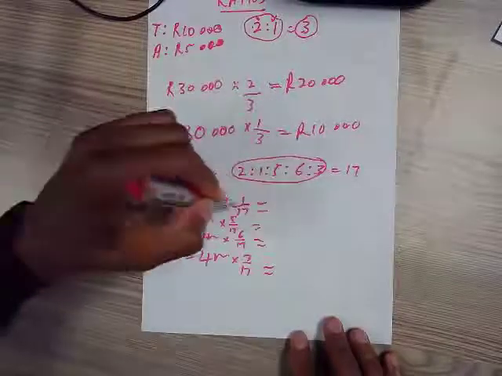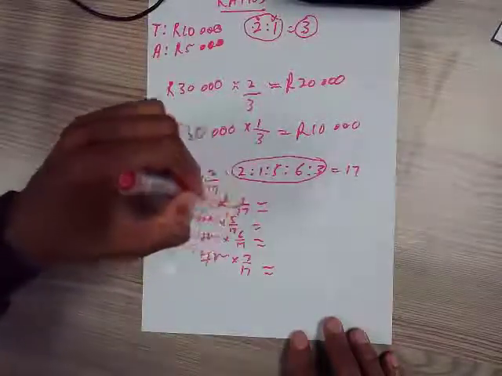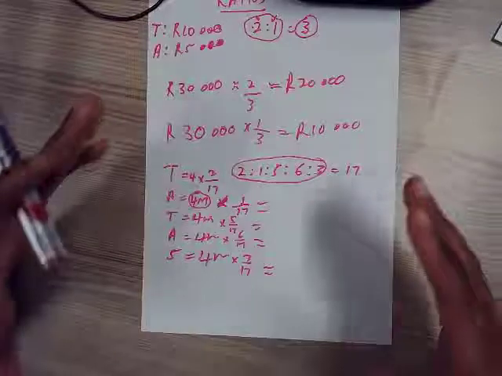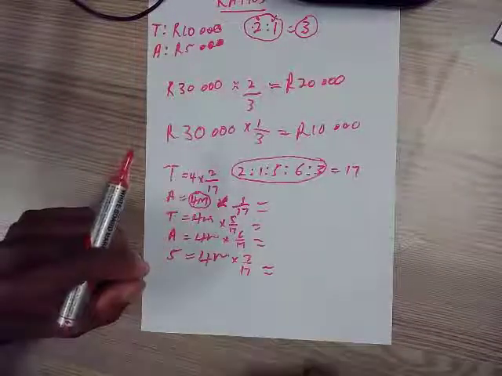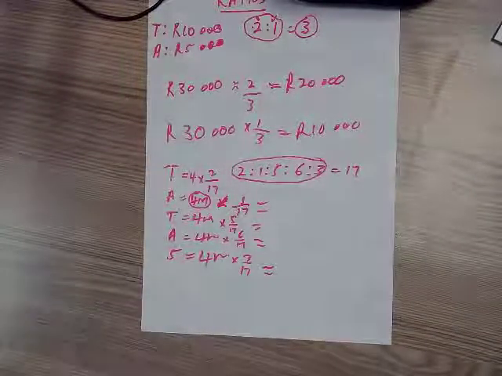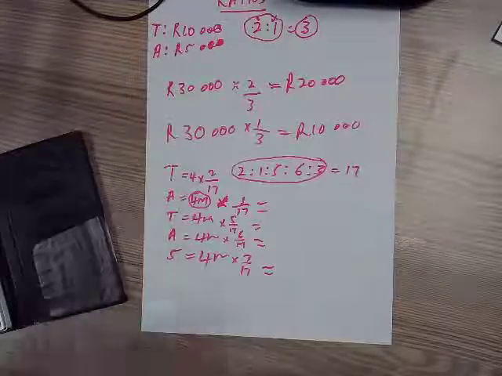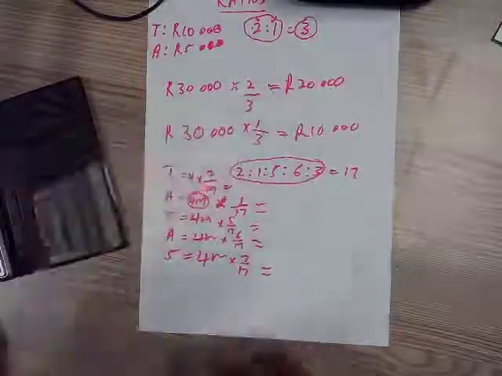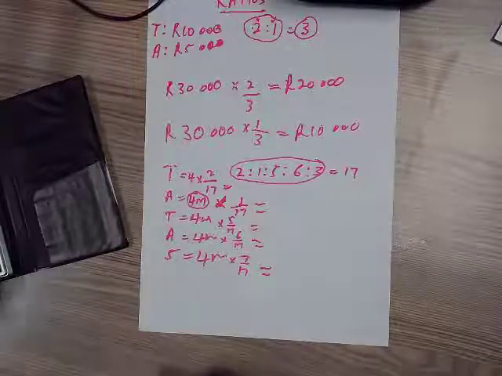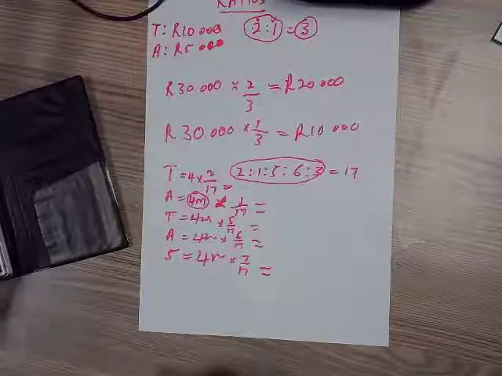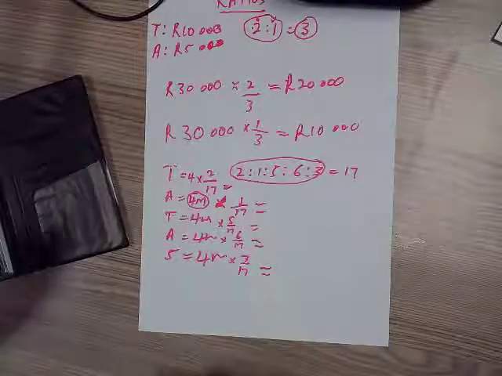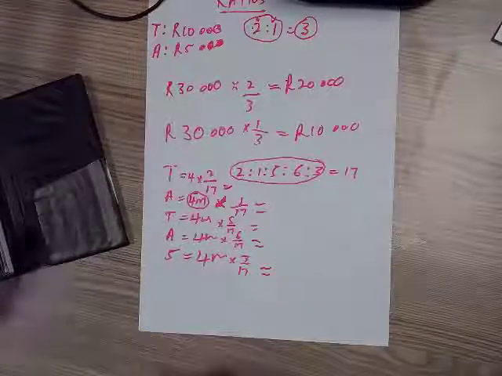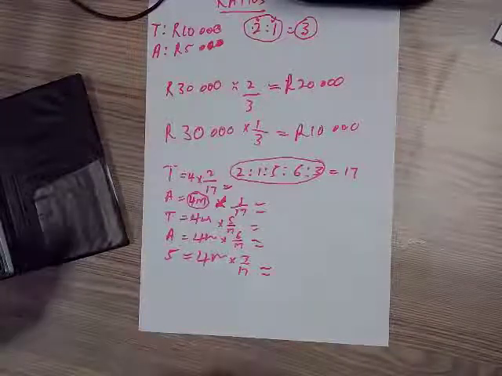So the amounts that you get from these calculations are each person's shares. All right, let's just look at it. I don't know if I should calculate it, but let me just do it. It's going to be 4 million times 2 divided by 17.